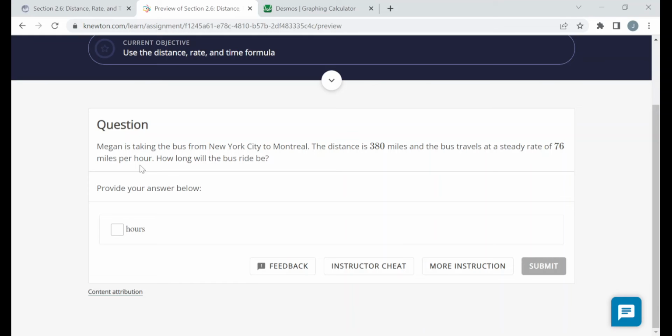I know in real life that's not going to happen. The bus will not travel 76 miles per hour the entire time in reality. But if we take the average speed over that time, we can apply this formula. But you don't have to worry about all that. Just use the speed that's given, the rate that's given. How long will the bus ride be?